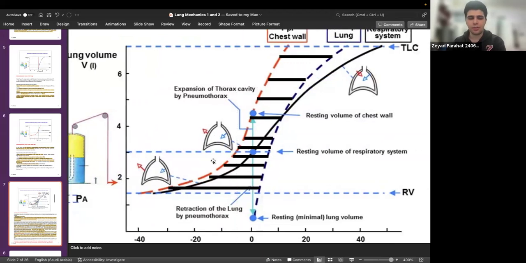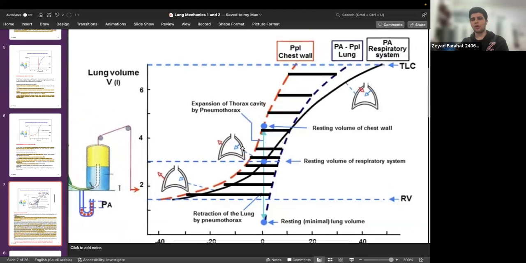The pressure of the chest wall is always trying to increase the volume, and the pressure of the lungs is always trying to decrease it. But here, the pressure from the lungs is not as great as the pressure from the chest wall, so it's basically increasing the volume back up.